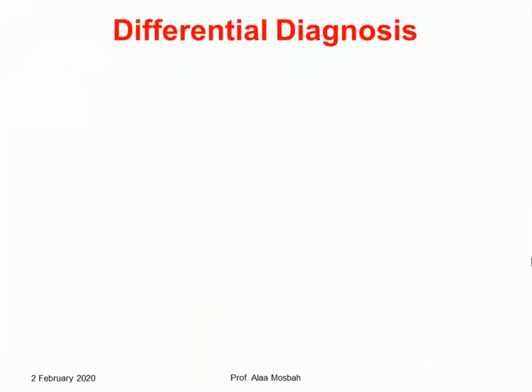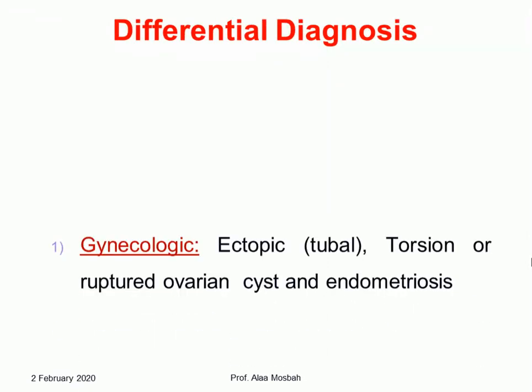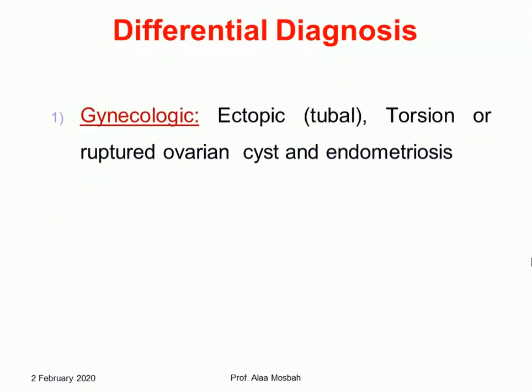What about the differential diagnosis of pelvic inflammatory disease? Gynecologic, like ectopic pregnancy, and we can exclude it by doing serum beta hCG and transvaginal ultrasonography and using the discriminatory zone.